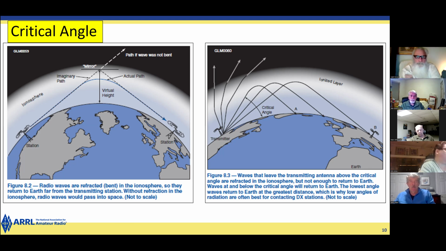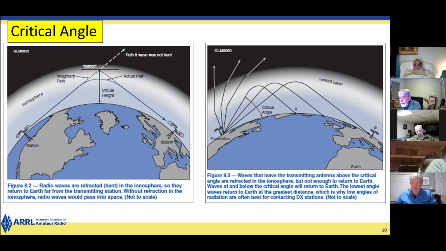But if you want to simplify that a little bit, you can imagine that it is a reflection off a sort of imaginary mirror, not a very good mirror, by the way, but an imaginary mirror that is higher than the actual path that the signal takes. So when you see a description that radio signals reflect off the ionosphere, that's a simplification that doesn't take into account the actual physics, but is good enough for a simple explanation.